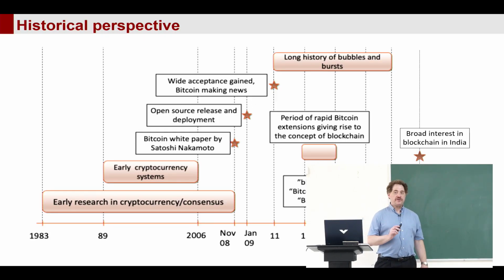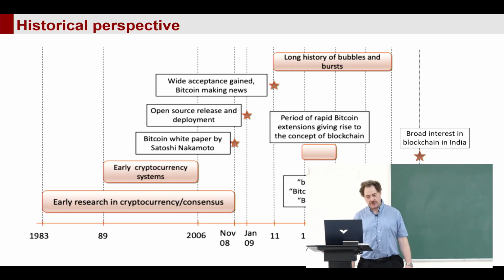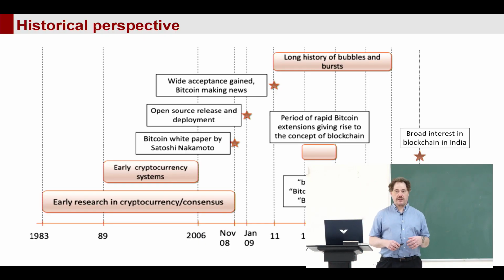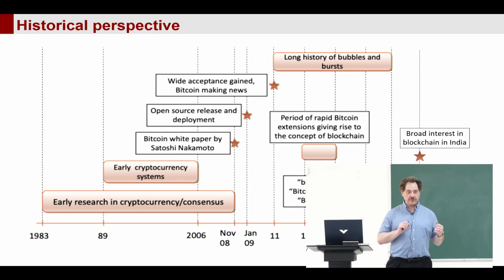What hindered its acceptance was that there were enough users who wanted to use the system, but there were not enough vendors who wanted to sell goods for cryptocurrency. And the system differentiated between vendors and buyers.